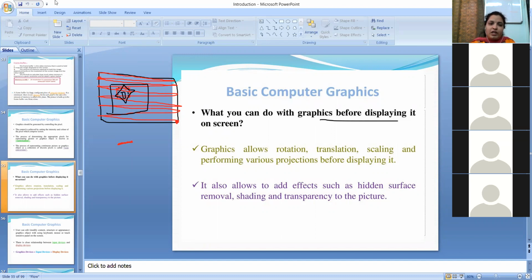For example, if I want to display a cube onto the screen, the back sides of this cube are not visible, so I can remove that information, which will be more memory efficient in nature. And that's why these effects, like removing the hidden surfaces or applying shading and transparency to the picture, make it more realistic. These operations we can carry out before displaying the image.